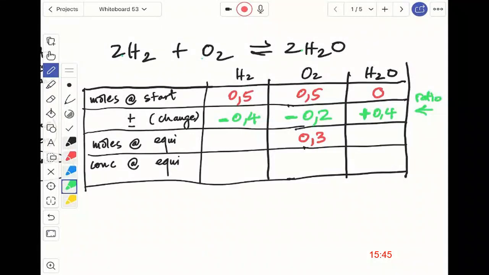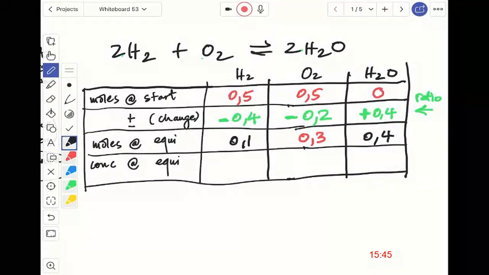I used 0.4, and that means I have 0.1 moles left over. For oxygen, I have 0.5, I use 0.2, and I have 0.3 moles left over. At the start, I had no water. I produced 0.4. So at equilibrium, I now have 0.4 moles. So those are the moles at equilibrium.